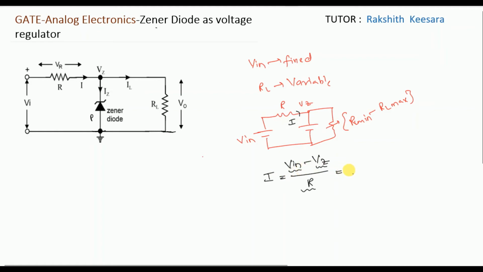So the input current will be constant. Next, if you observe load current guys, IL is Vz by RL. So whenever RL is minimum, IL will be maximum. Similarly, whenever RL is maximum, IL will be minimum.